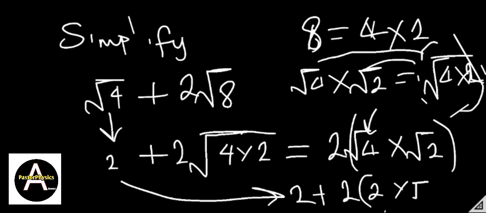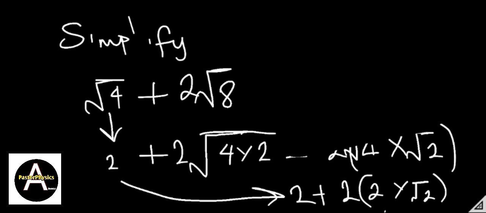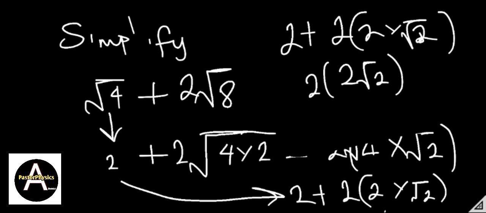It's a decimal number, so we leave it like that. So we are almost done with this problem. From here, we discover that we have 2 plus 2 into bracket 2 times root 2, right? Now 2 times root 2 is what? 2 root 2, is it not? So that is 2 plus 2 root 2 in bracket.